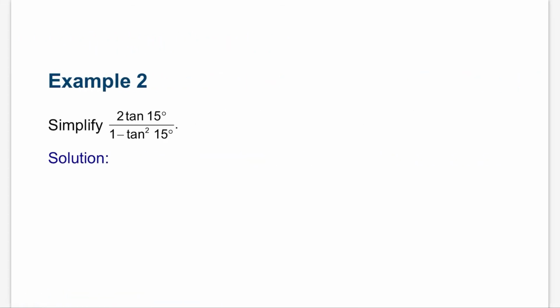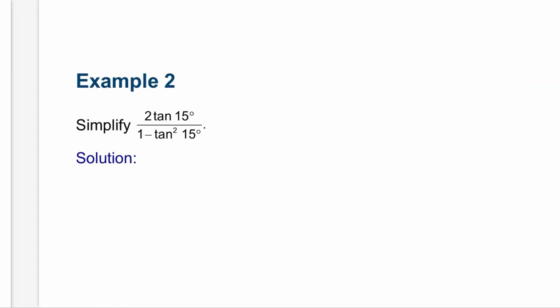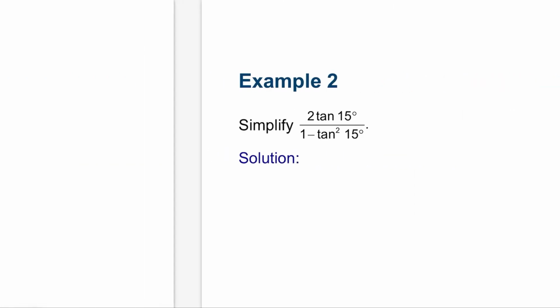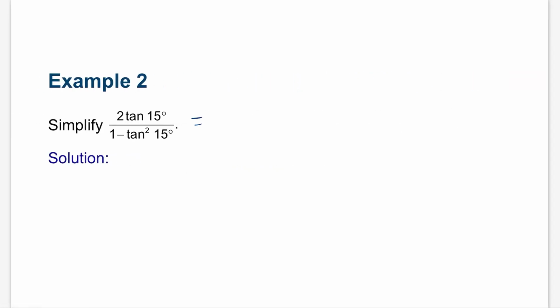And so for this next example, notice that they want us to simplify this. It looks very familiar. It looks just like this, where a is 15 degrees. And so we can write this as tangent of 2 times a, where a is 15. So tangent of 2 times 15 degrees, which is tangent of 30 degrees.